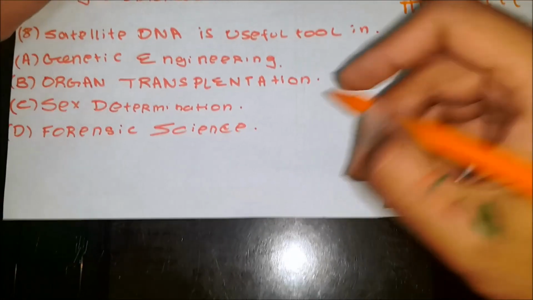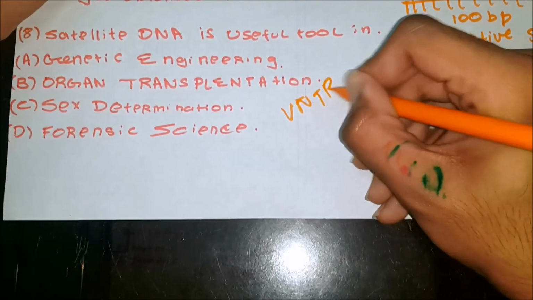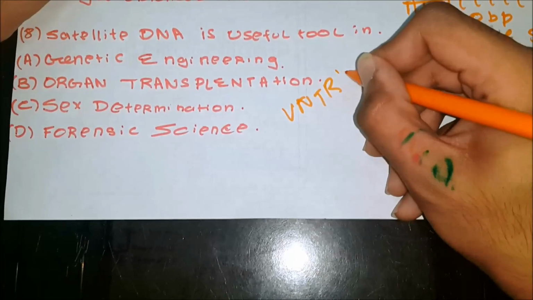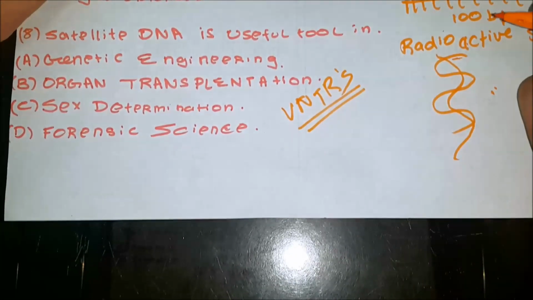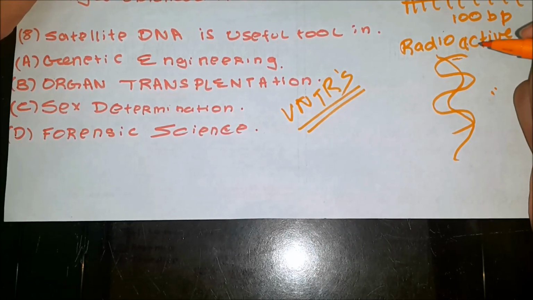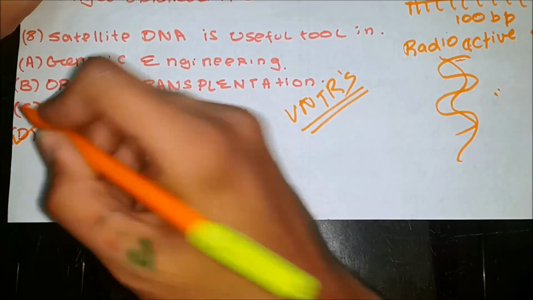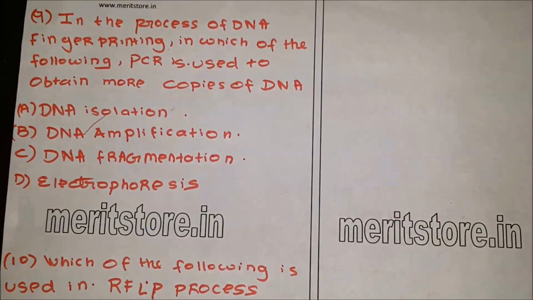Satellite DNA is basically VNTRs. So they are going to be unique to every individual, and it would be very useful in forensic science. So we'll go with the option D. Moving on to the next MCQ.